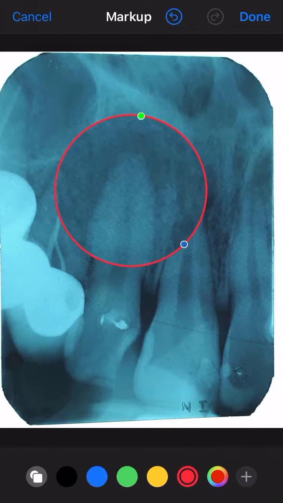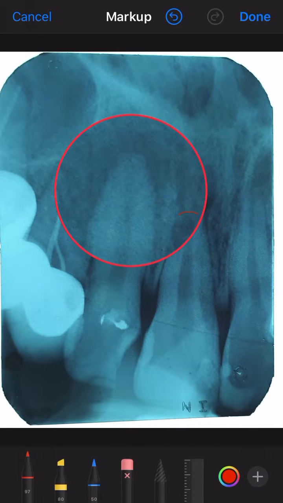Okay. What about this area? Basically, it doesn't have any lamina dura or PDL. Yeah, radiolucency. You can see a complete radiolucency surrounding the apex of the tooth.